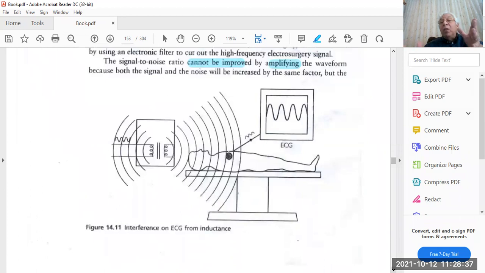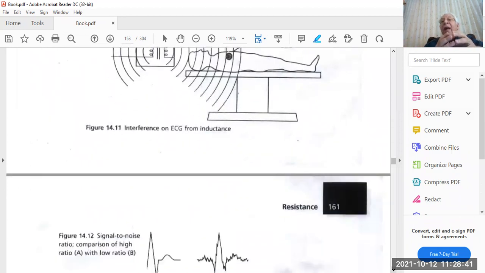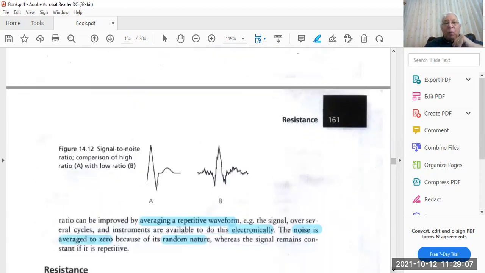It is a computerized system in most equipment. We have two signals: the interference and the normal signal. It averages the abnormal signal to zero, and it knows it comes every now and then, not continuous like the ECG. So whenever averaging brings the noise to zero, it definitely improves the signal. This is what we call averaging.